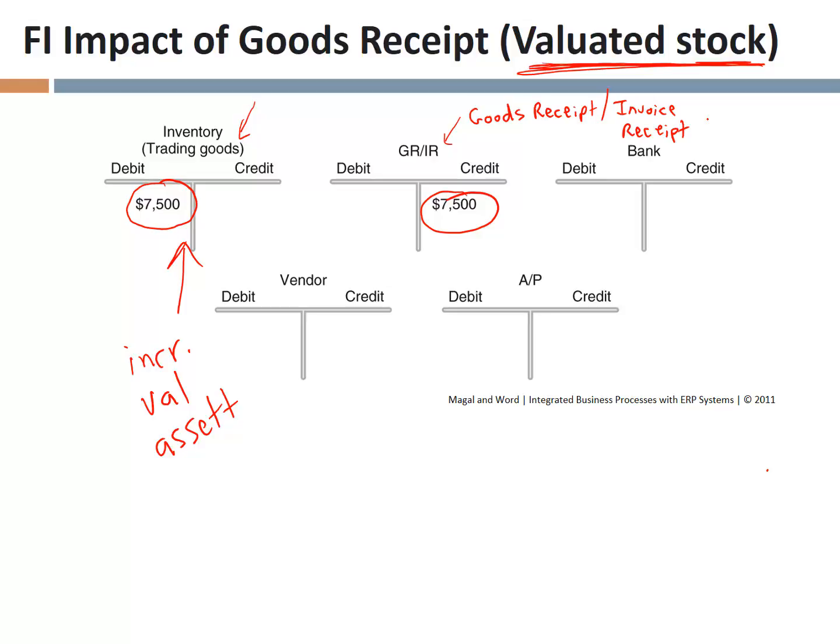Any questions about that before we talk about variations on it? Suppose this was not valuated stock. Suppose this was a consumable material. What would happen then? Well, on the purchase order, we would have designated a cost center or an expense account associated with this.